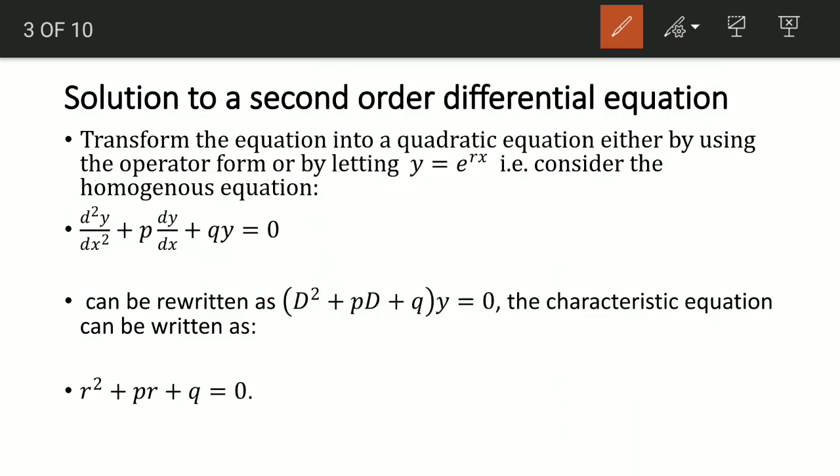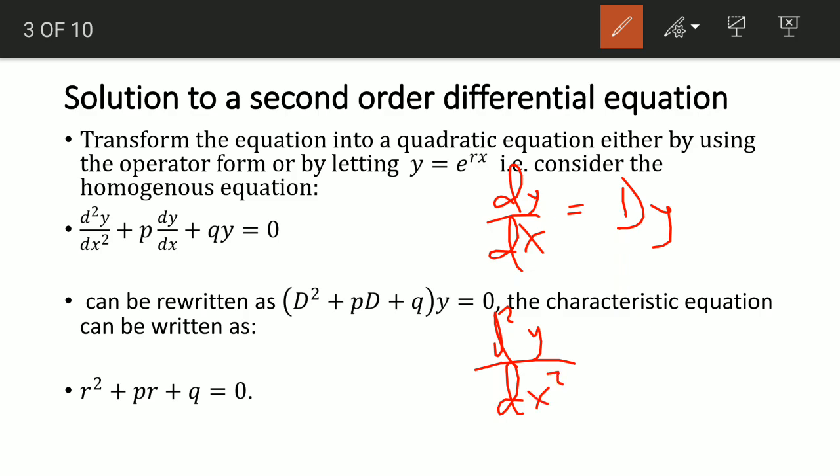Let's do that again. So you see that d/dx is D, so that is Dy. But d squared y over dx squared means we just square this, that means it will be D squared y.